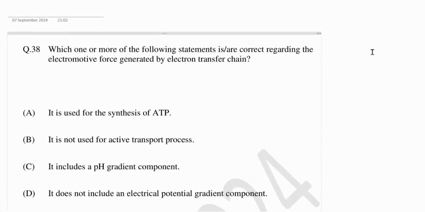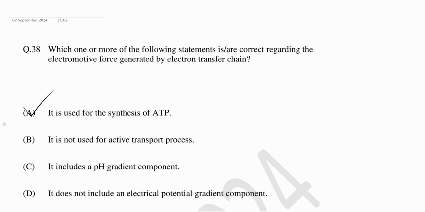Okay, the next question. Which one or more of the following statements, it's an MSQ, are all correct regarding the electromotive force generated by the electron transfer chain? First of all, it is used for the synthesis of ATP. This is the first thing that we know.